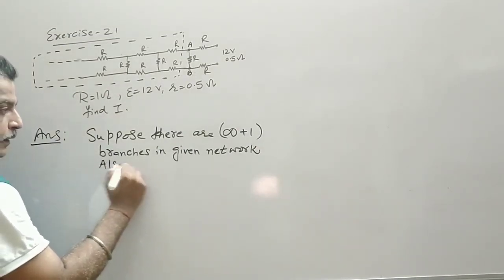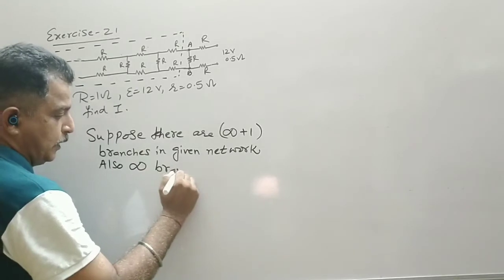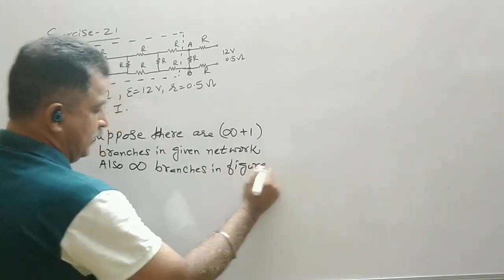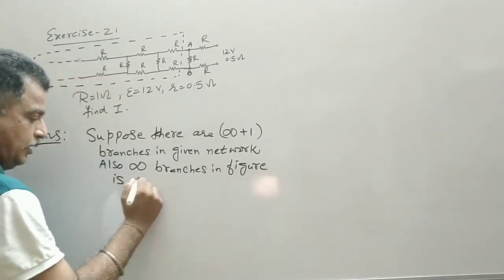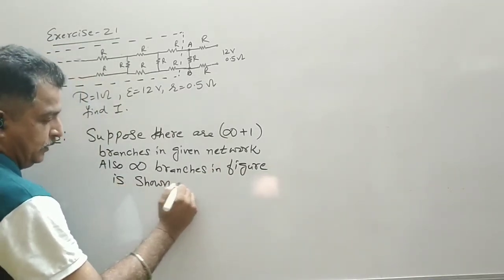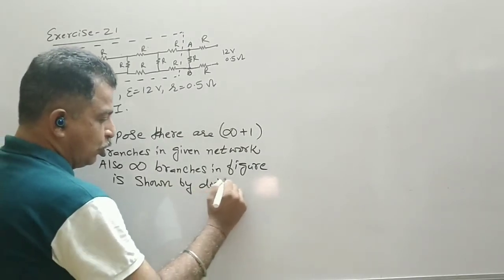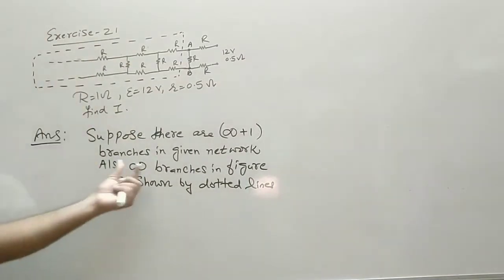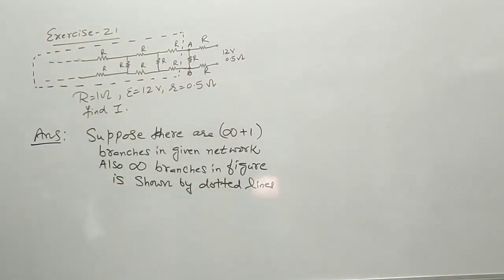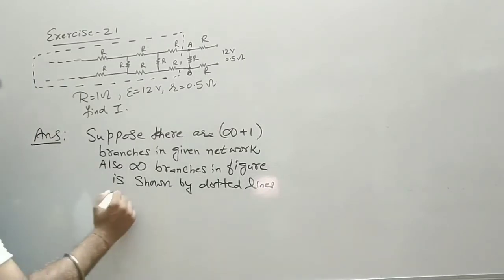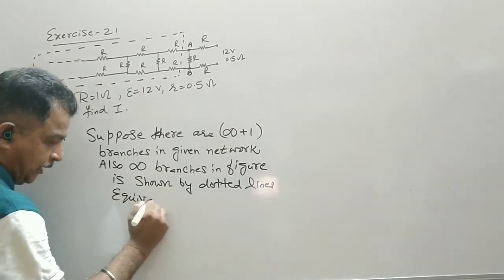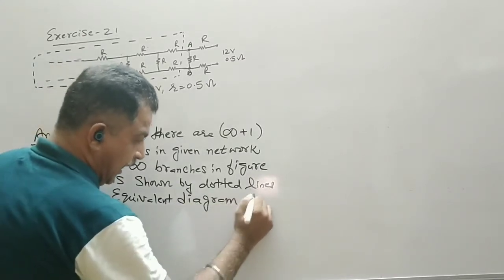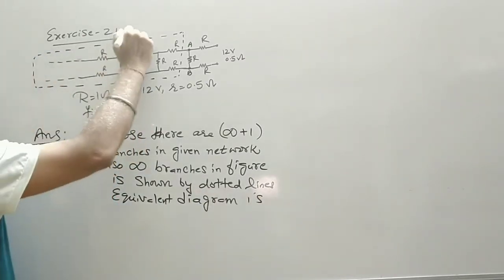Also, the infinite branches in the figure are shown by dotted lines, or within the dotted lines we have taken infinite branches. So the equivalent diagram is, so this is our infinite branch.